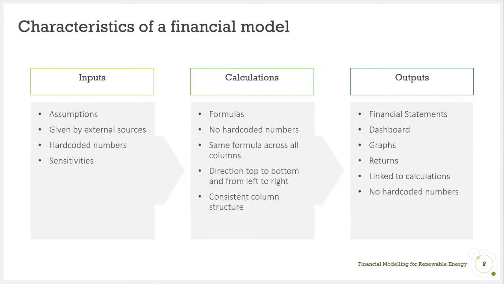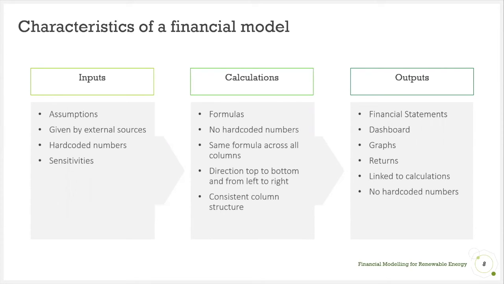Okay, we will do this test later today, so you can see what I mean by this. But this is the first test that model auditors do to see if a model is correctly built, or there is a fundamental mistake in the calculations.